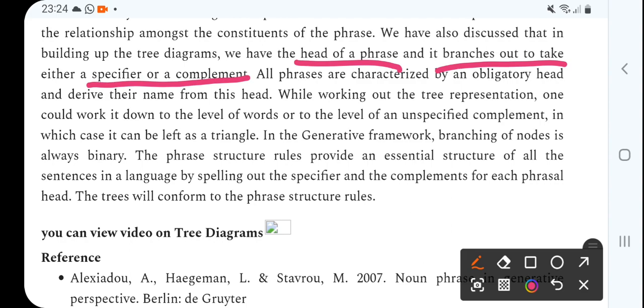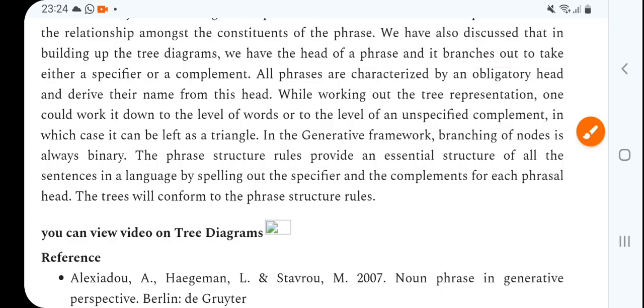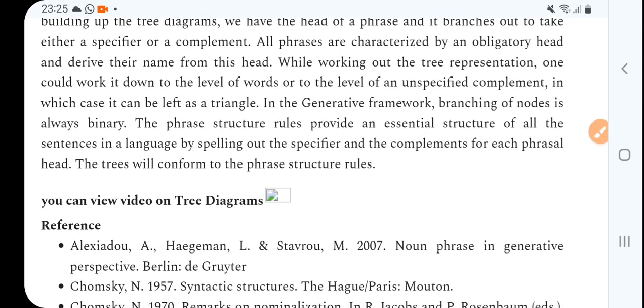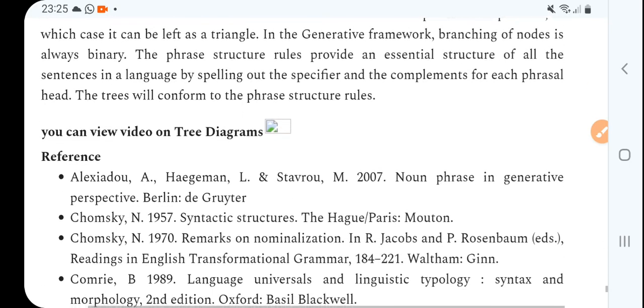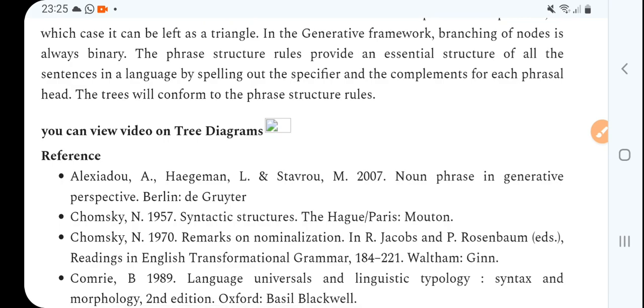All phrases are characterized by an obligatory head and derive their name from the head. Of course, obligatory head, noun phrase, verb phrase, this way. While working out the tree representation, one could work it down to the level of the words or to the level of an unspecified complement, in which case it can be left as a triangle.